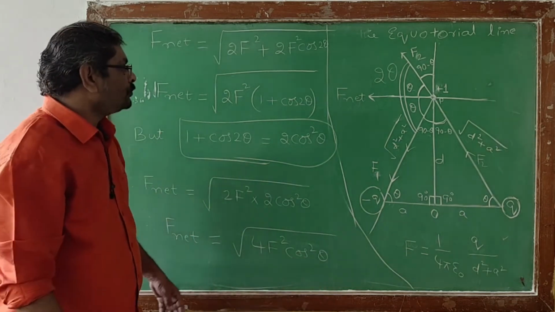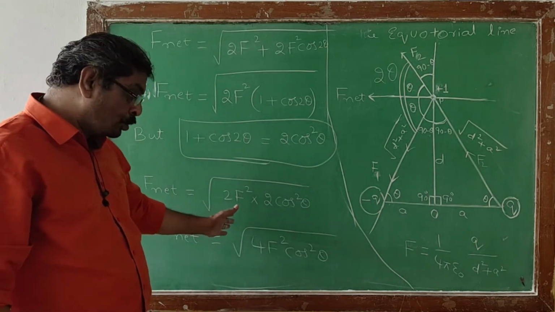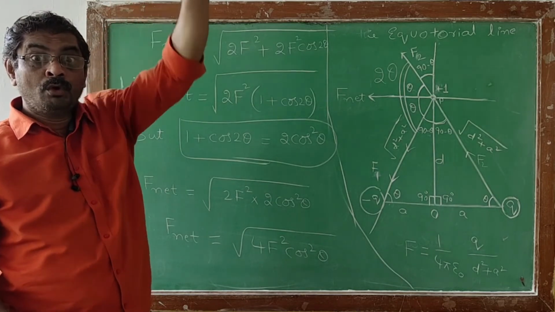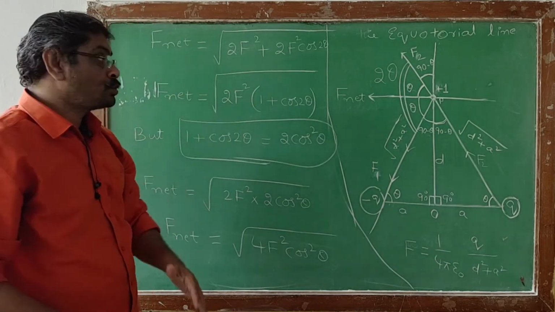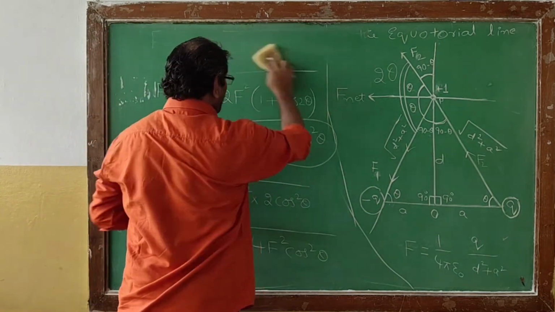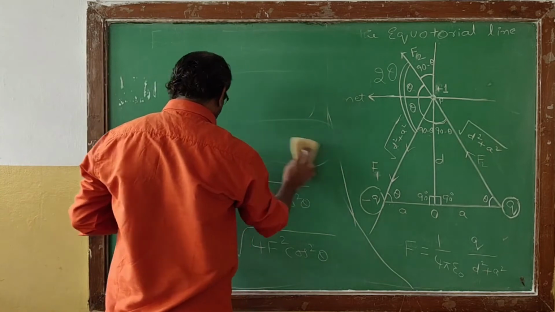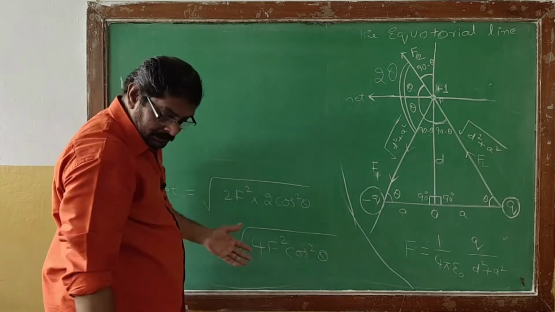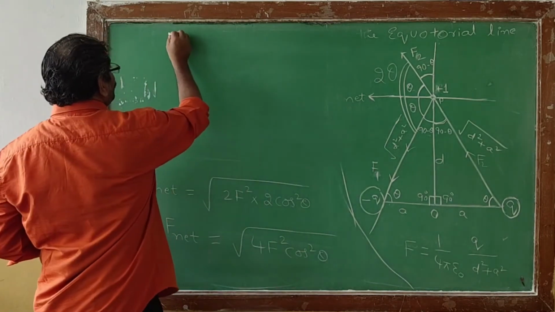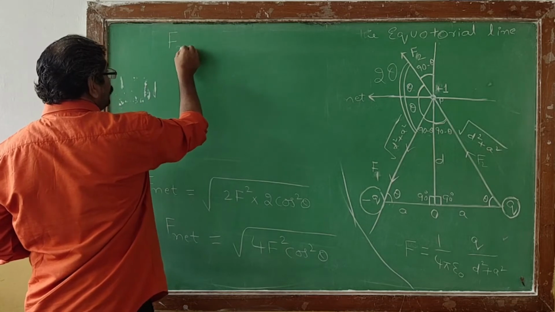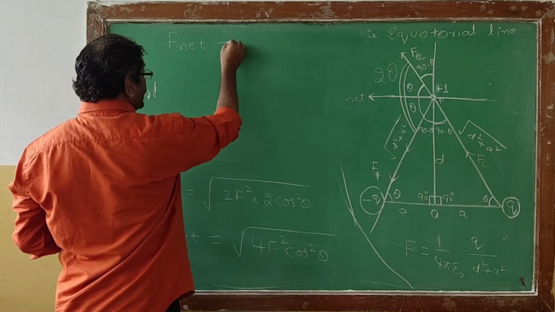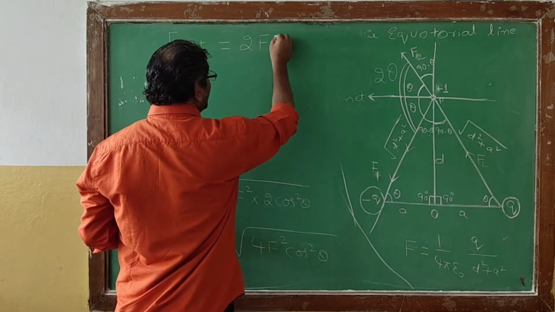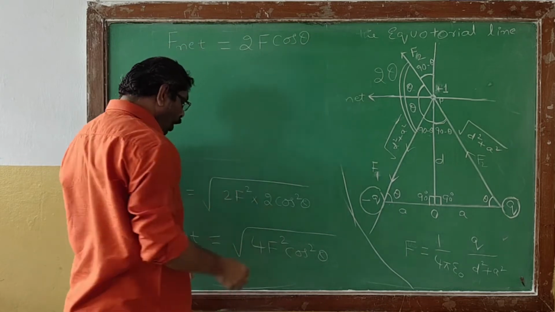Further, now I will remove the terms from under the root. If I remove the terms from the square root, what further are we going to get? F net will be numerically equal to 2F into cos theta.